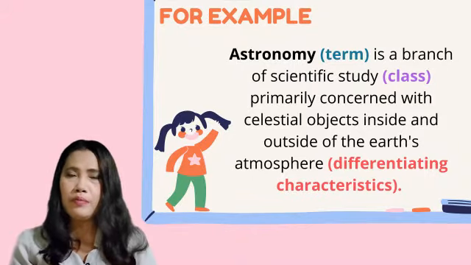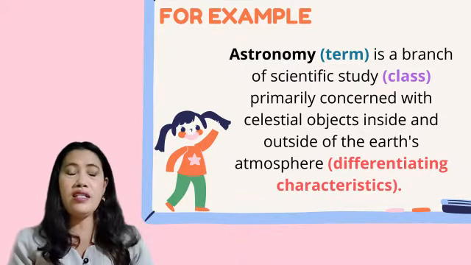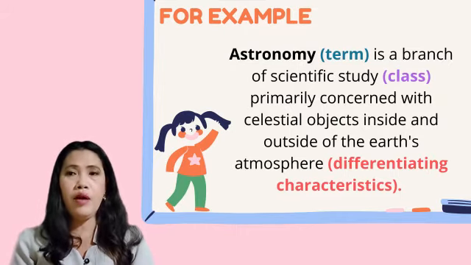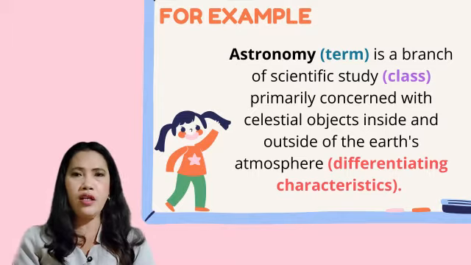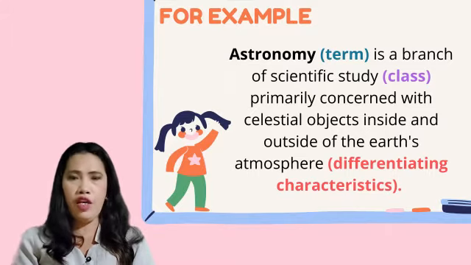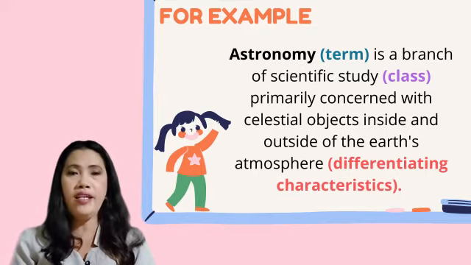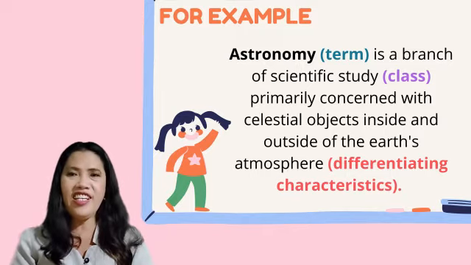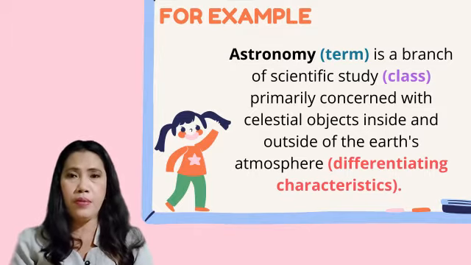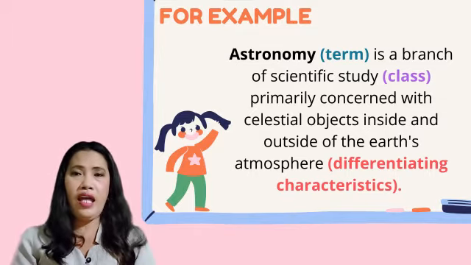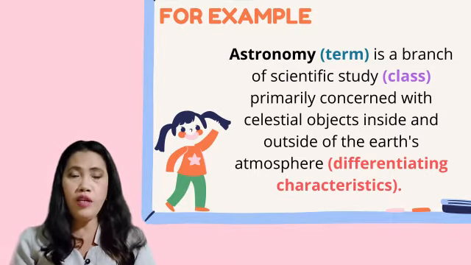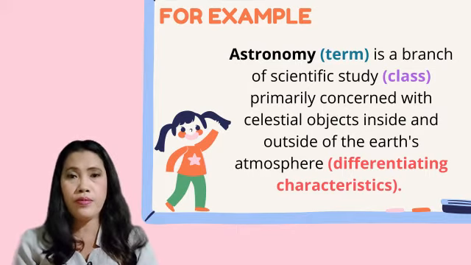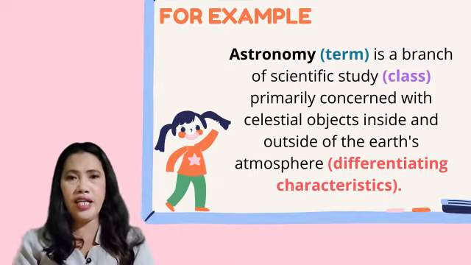Let me read. Astronomy is a branch of scientific study primarily concerned with celestial objects inside and outside of the Earth's atmosphere. As you can see, astronomy is labeled as the term, or the word being defined.